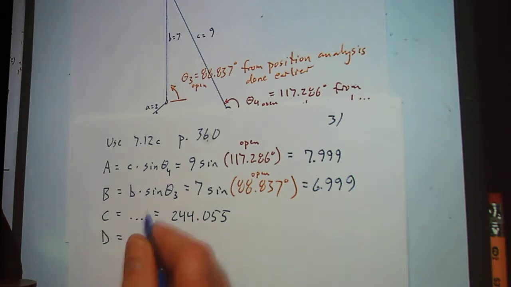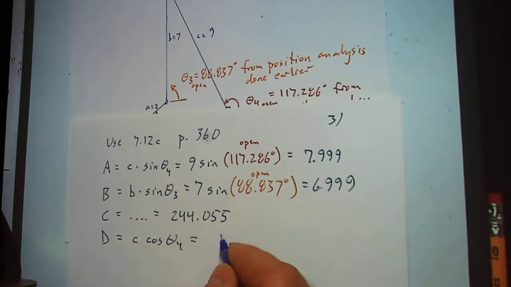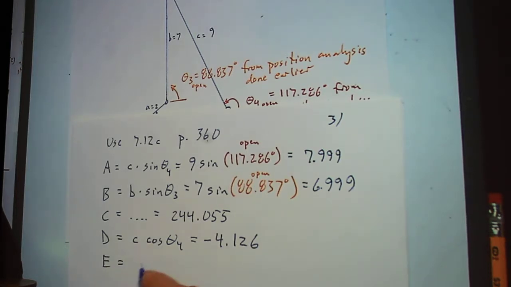D equals C times cosine theta 4. When I plug those values in, I get minus 4.126. E is equal to B cosine theta 3. When I plug those values in, I get 0.142.